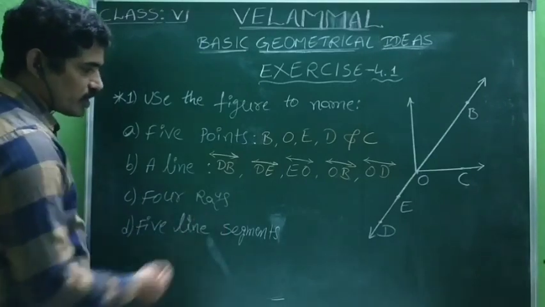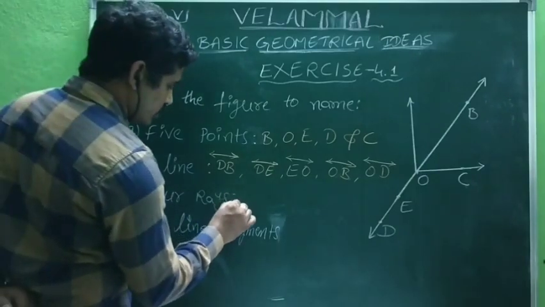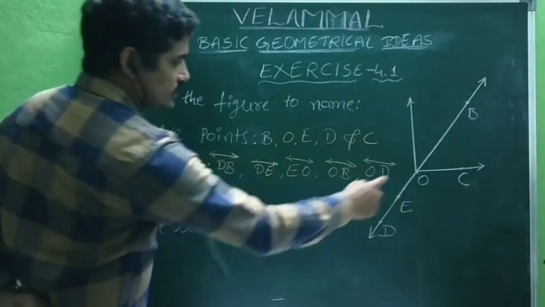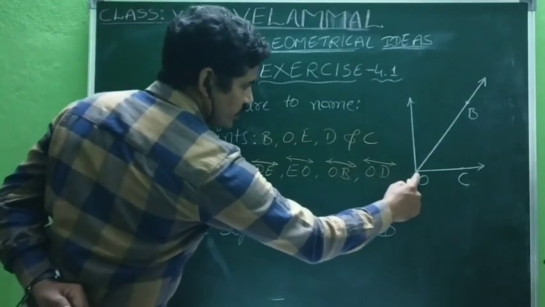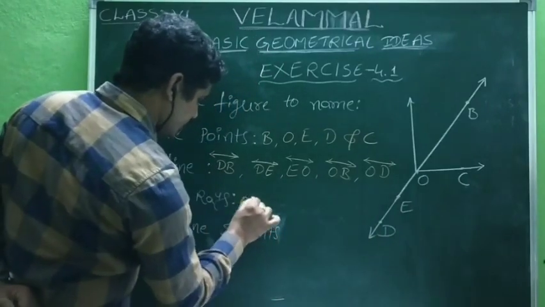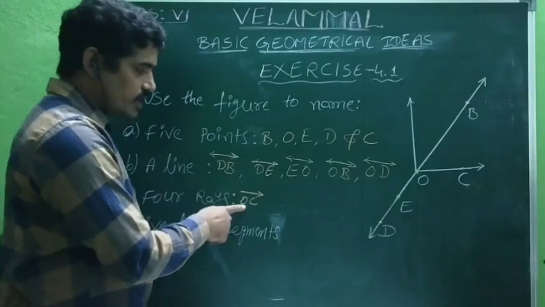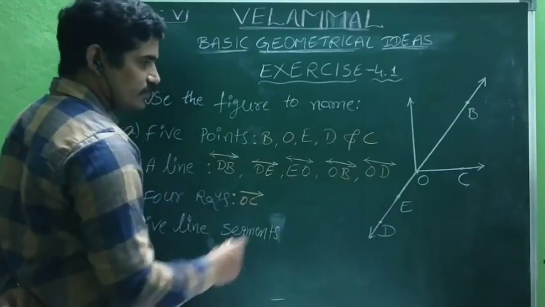Next is 4 rays we need to identify. What are the 4 rays? First we need to know how to represent the ray. See, starting from O, we can take OC as 1 ray. So direction is very important. Starting point is O and towards C it is moving, OC is 1 ray.